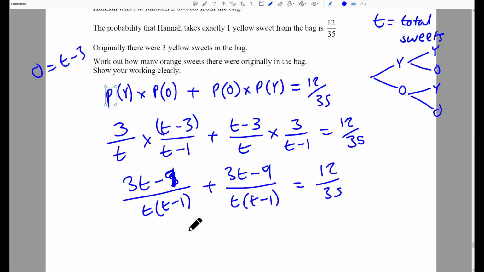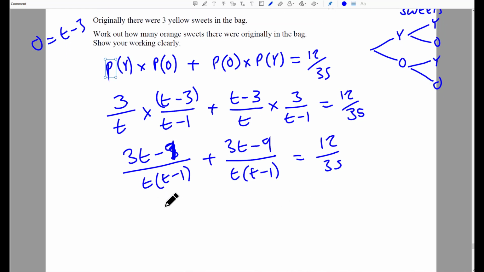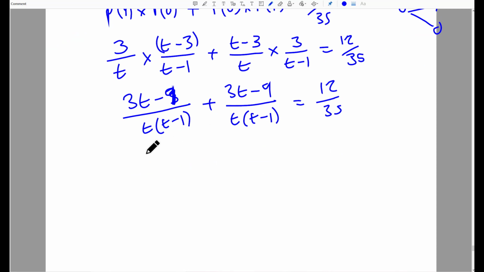Right, we can combine that together. So we are going to combine all this. The denominators are the same, so that's going to be 6t minus 18 over, I'm just going to expand it out, t squared minus t equals 12 over 35.